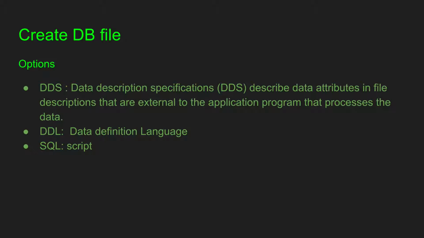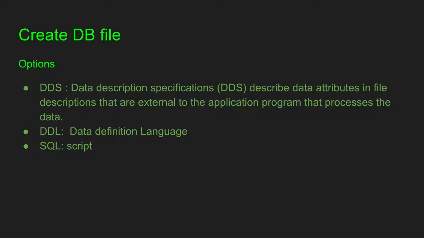So the idea of connecting to AS400 is that we basically want to create a DB file there, and AS400 gives you three options. One, you can create DDS files, which are data description specifications.